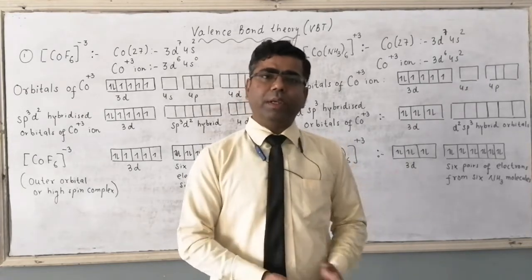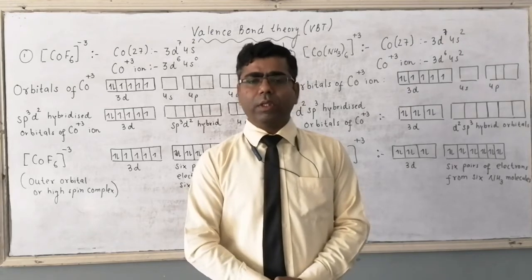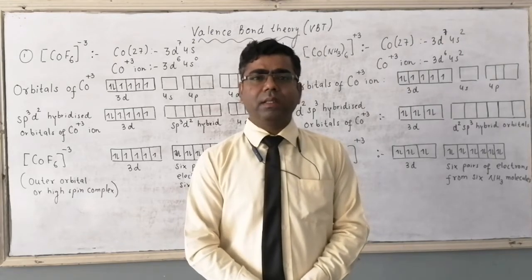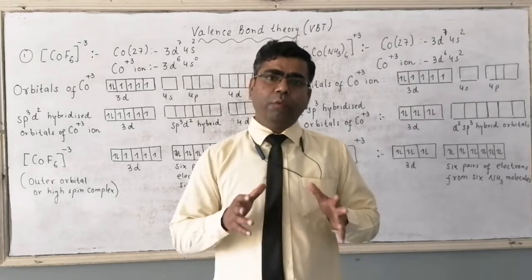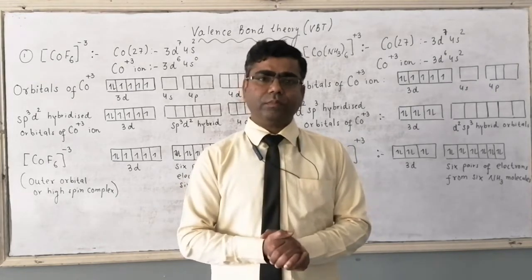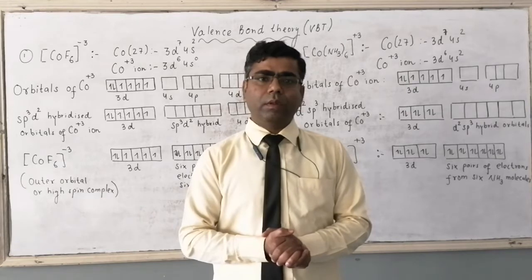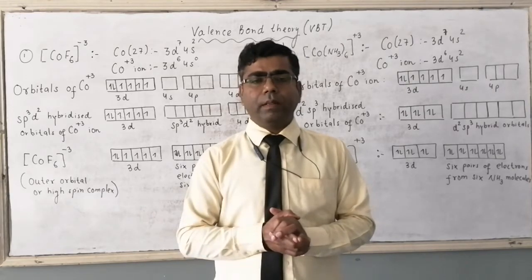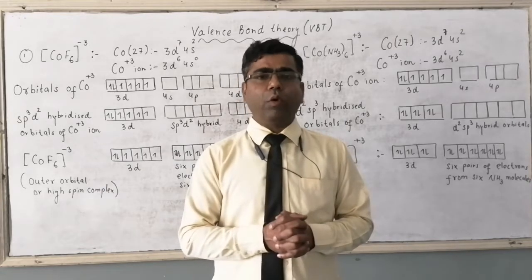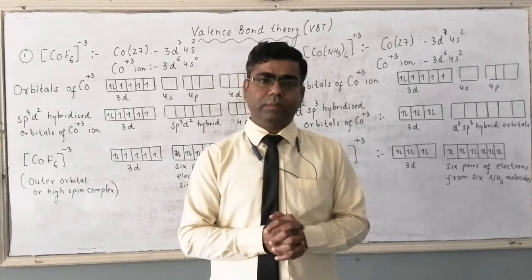Again, it has some limitations. That's why one more theory was proposed, that is molecular orbital theory. So in total, four theories are there, which explain the bonding in coordination compounds.